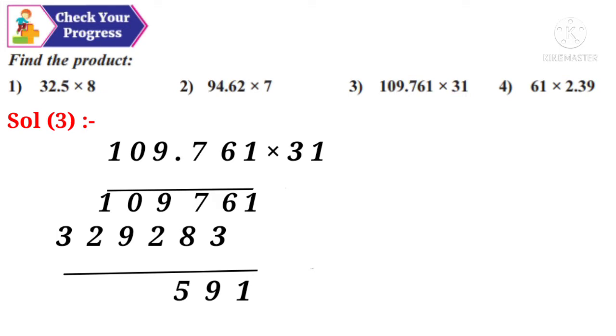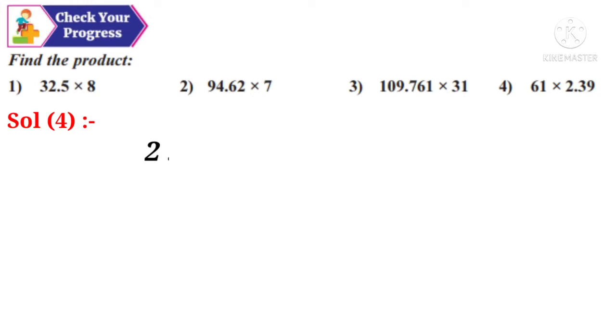So by adding, observe that there are 3 decimal places. So in the product, counting 3 numbers from right side, put decimal point, then 3402.591. Question 4. Instead of writing 61 into 2.39, let us write 2.39 into 61.